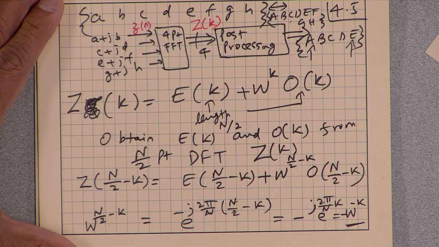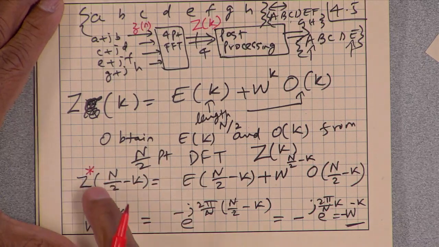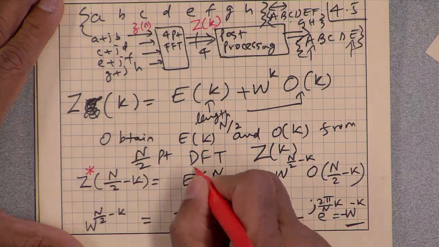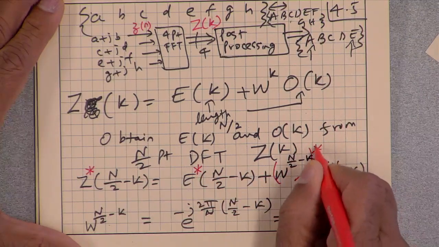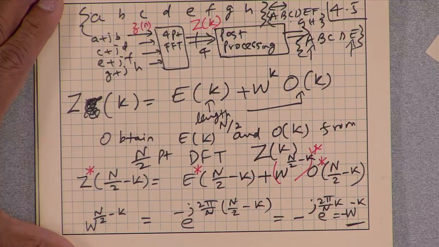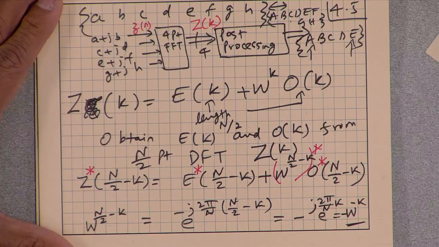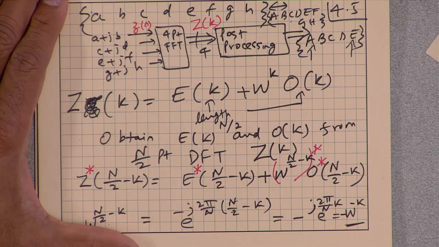If I want to take the conjugate, so we take the conjugate of both sides. Conjugate of this is equal to conjugate of that plus the conjugate of this whole thing times the conjugate of O. So what is E conjugate n by 2 minus k?